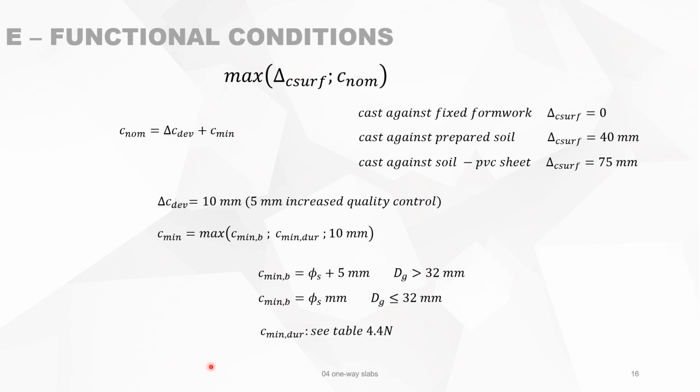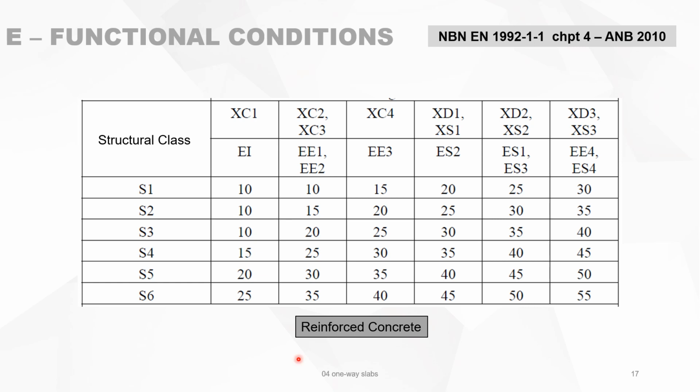And then you have C-min dur, and C-min dur is coming from a table, table 4.4N from Eurocode 2 part 1-1. There are several structural classes from S1 to S6, with S4 a class for buildings and S6 a class for, for instance, bridges.